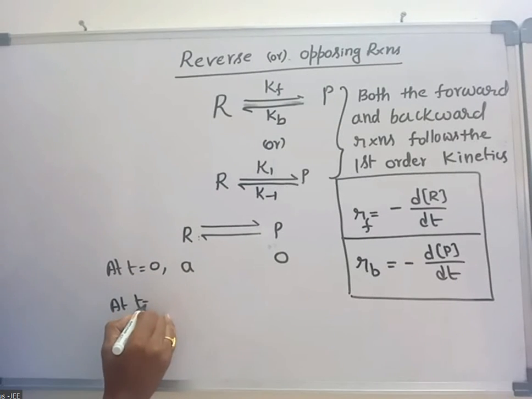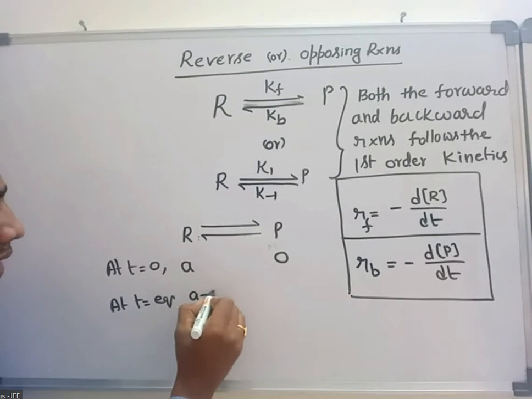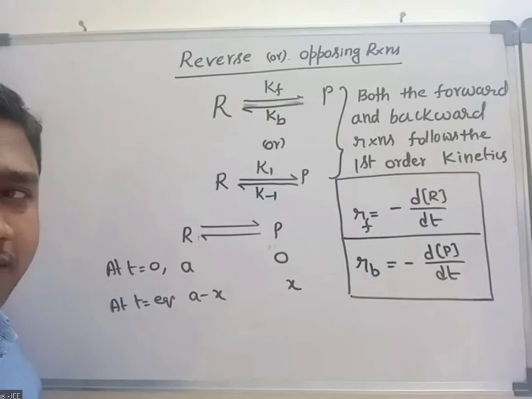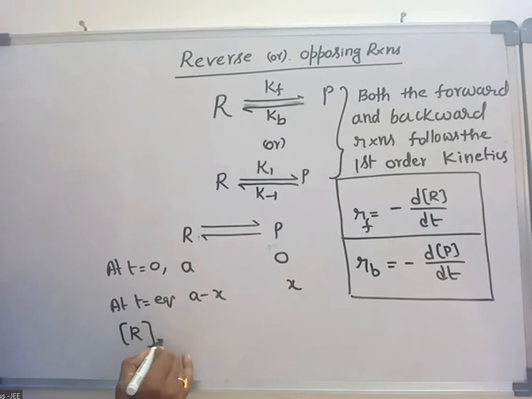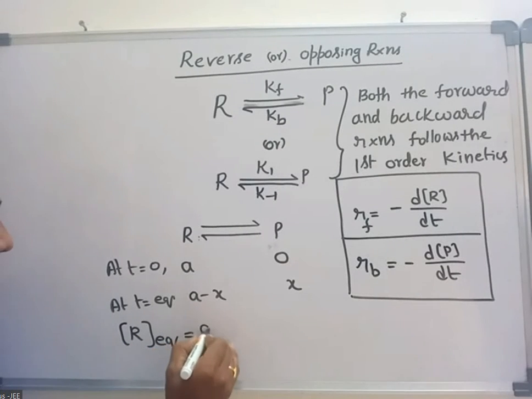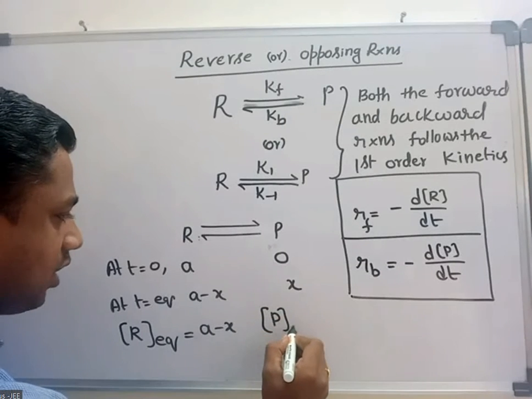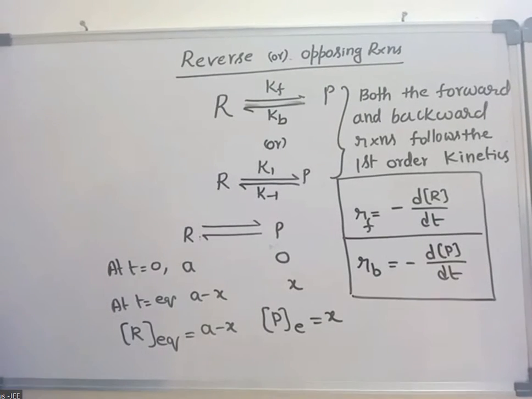At equilibrium time, the concentrations are A minus X and X. The concentration of R at equilibrium is A minus X, and the concentration of P at equilibrium is X. Note down.